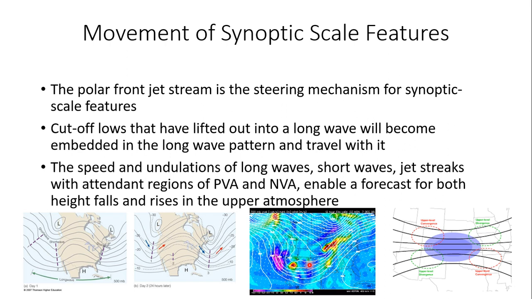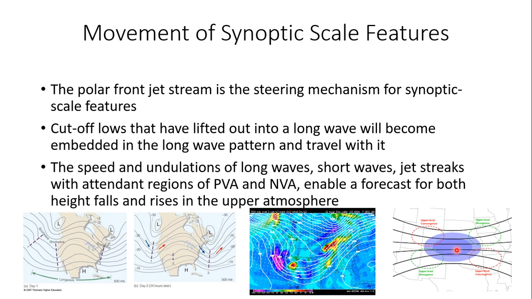So these short waves get pushed along through the long wave pattern. The polar front jet stream is pushing them right on through from west to east in the mid-latitudes. If you look at the far bottom right-hand graphic showing the favorable areas of a jet streak, this purplish blue color, generally in the center here, indicates the highest wind speeds associated with the jet streak.